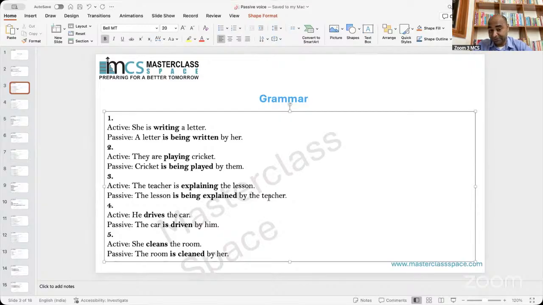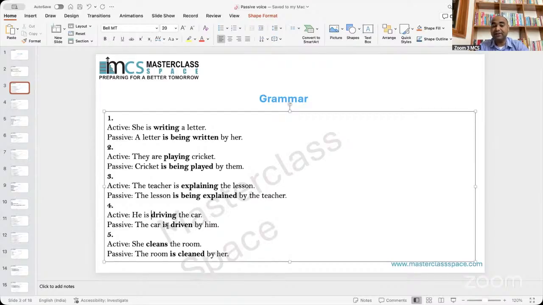All right. It means that whenever you are looking for shortcuts and you see that the active voice is in is, am, are plus ing, then in passive, what do you need to look at? Just being, right? Now, he drives the car. So now what will it be? He is driving the car, right?